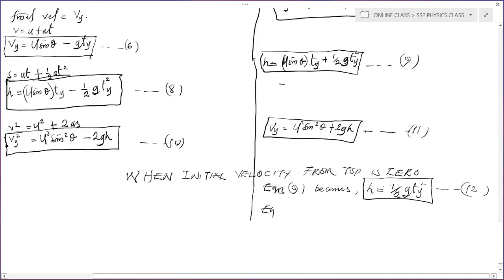Then equation 11 becomes vy squared equals 2gh. That is equation 13.